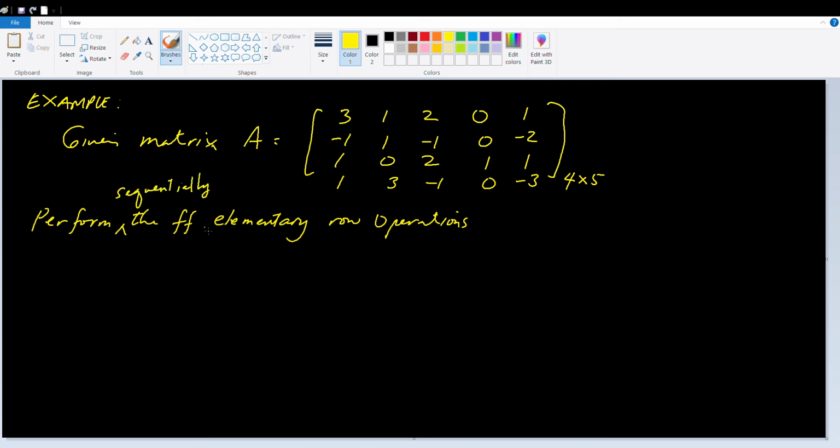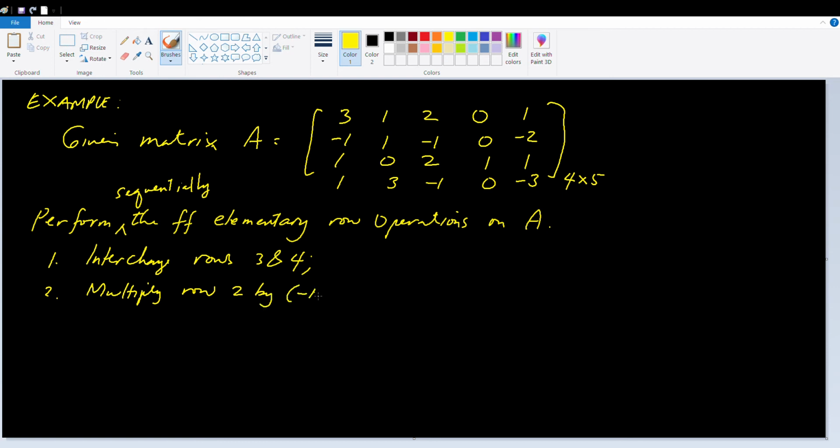So we perform sequentially the following elementary row operations on A. First one, let us interchange rows 3 and 4. Then multiply row 2 by negative 1.